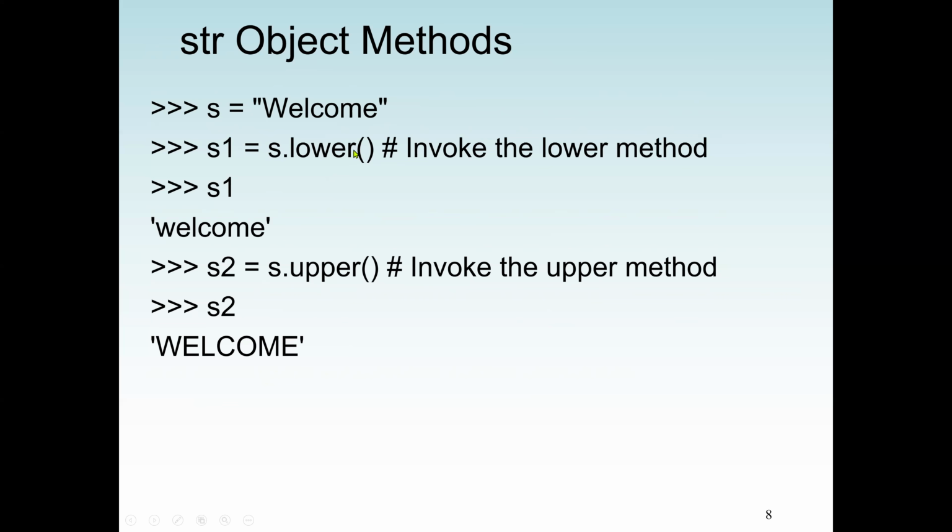What we said previously is that anytime we want to use the lower method, we have to invoke the method on the object, because we are going to use the behavior on some object. So here the object is s, and here we are saying s.lower(). This means I'm going to convert all the characters in s to lowercase. So this will invoke the lower method.